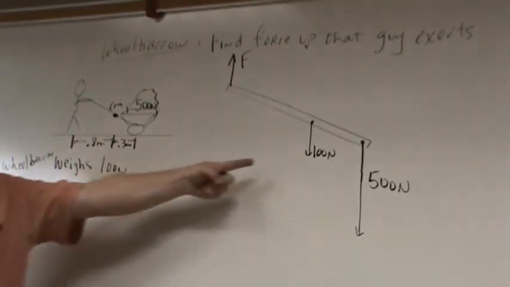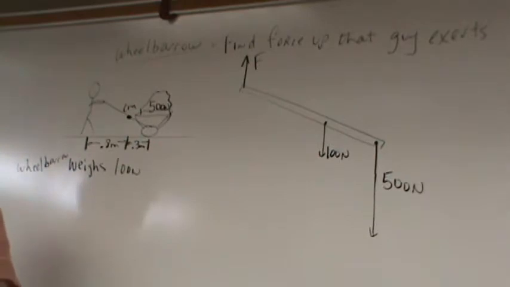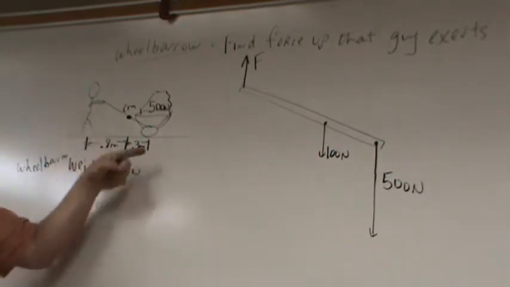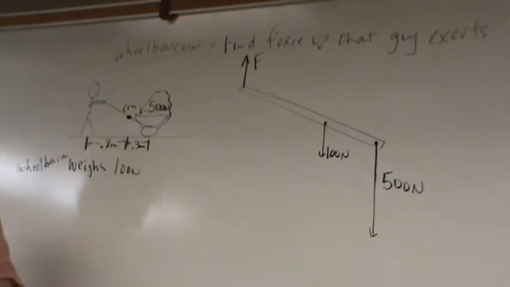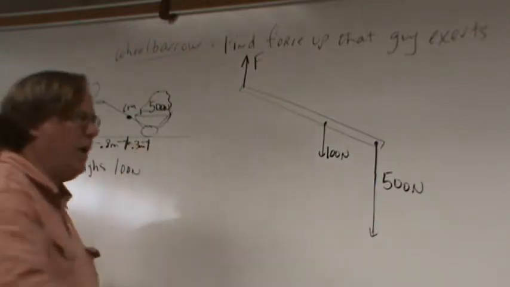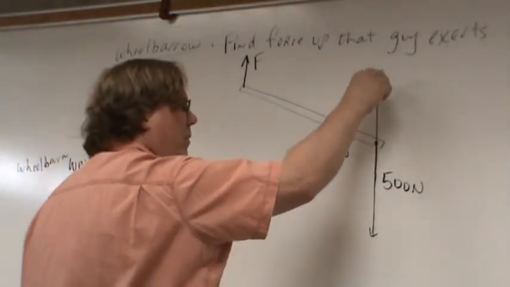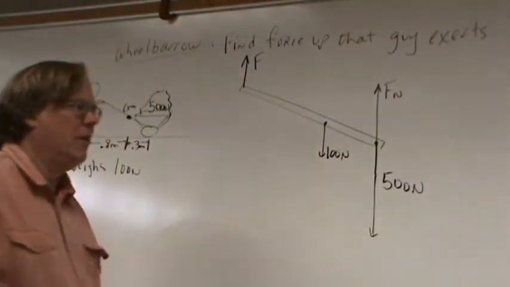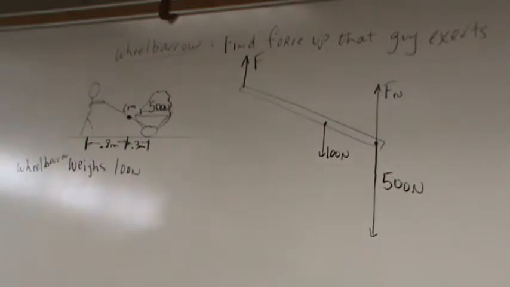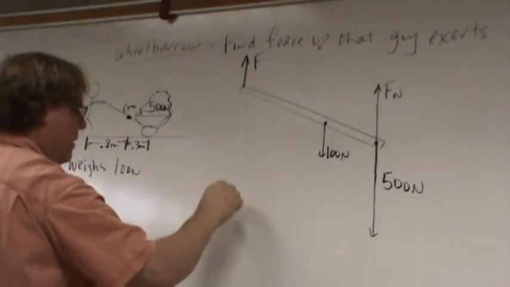We've got that already, 100 newtons. What's the other force acting on this wheelbarrow? Normal force. Where's this normal force acting? Where the wheel is. So we've got a normal force up. So there it is. There's my forces.